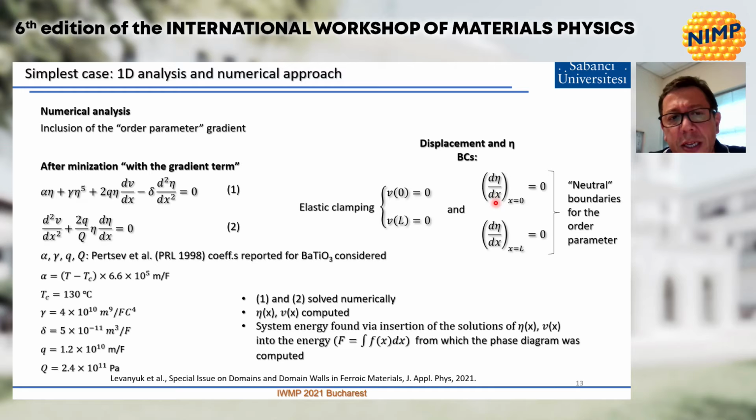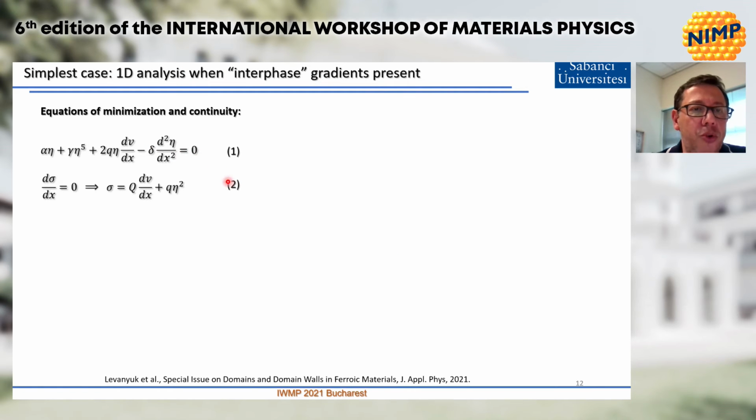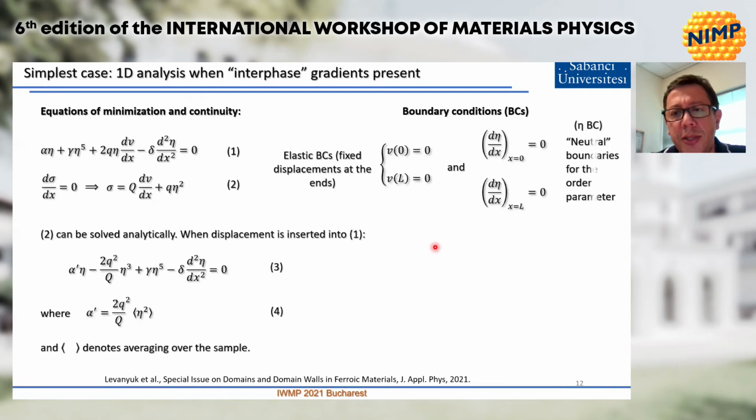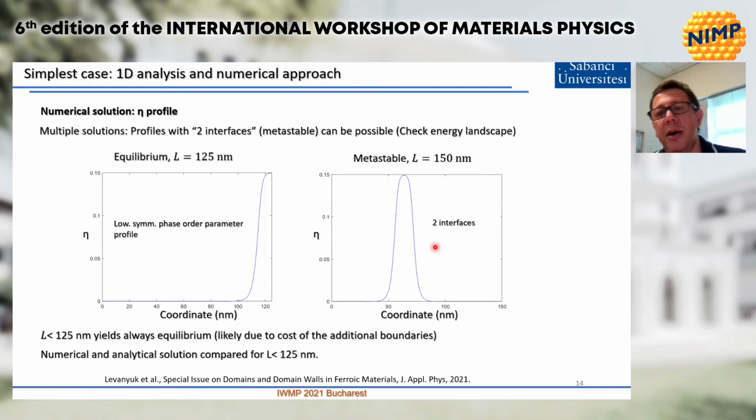What we did basically was solve the profile of eta both analytically and numerically, and then plug the solutions into this equation, going back to it here, and then plotted results so that we could compare the energies and see if a homogeneous state is more favorable or an inhomogeneous state.